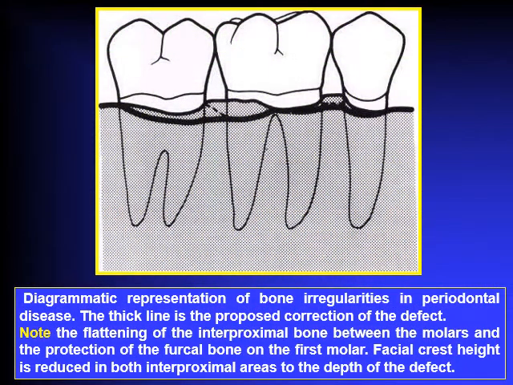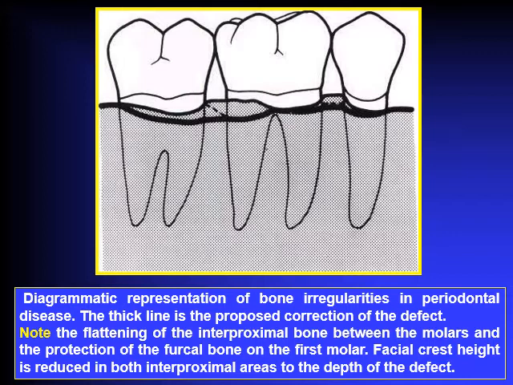See here, this is the flattening of the interproximal bone. You see the discrepancy between the level of the bone lingually and facially. So we make flattening of this interproximal bone and take care to protect the furcation bone, not to bear the furcation, not to make a pathological situation in these teeth.